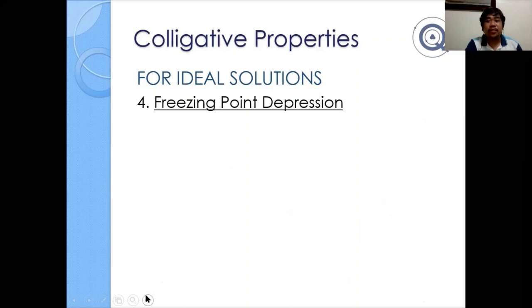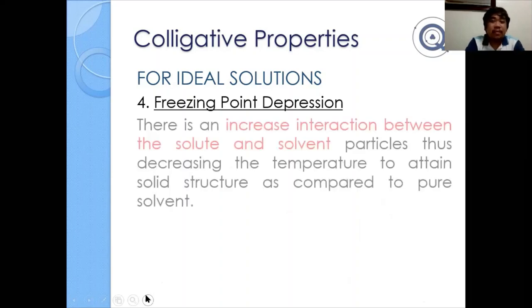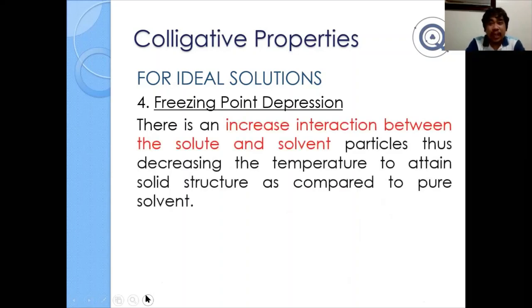Now, let's go to the freezing point depression. It is the opposite. The freezing point of the solution has a lower value compared to the pure solvent. Think of it as it being easier to achieve a solid or crystal structure if your substance is pure, because the particles are all the same. If your substance is impure, you will need a lower temperature to achieve the same crystalline structure, or to achieve the solid state.